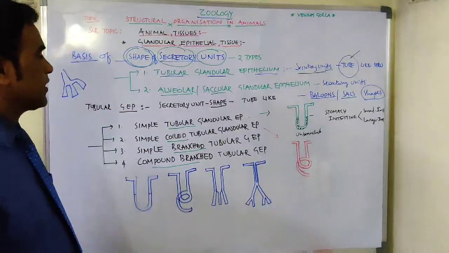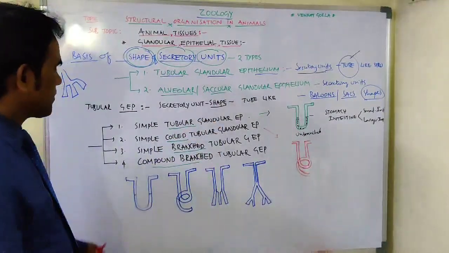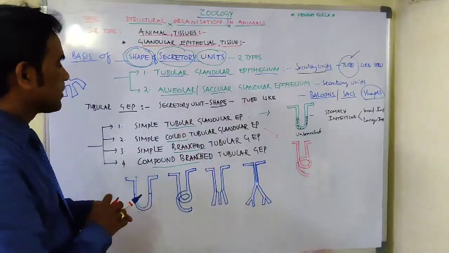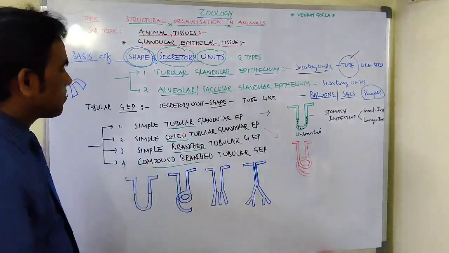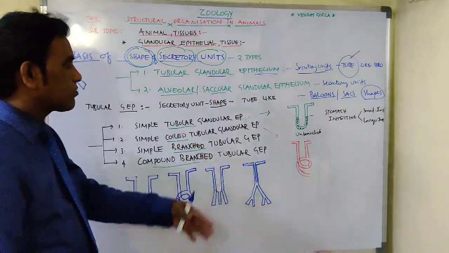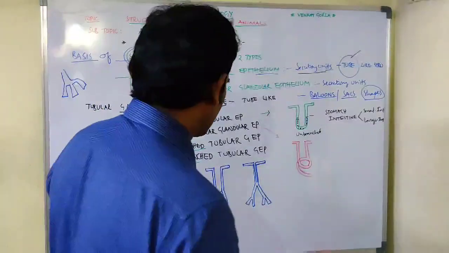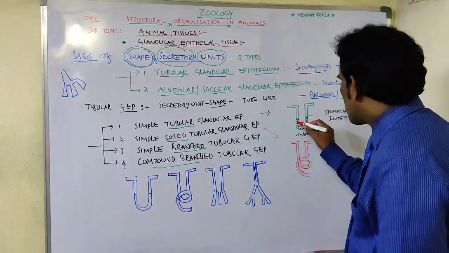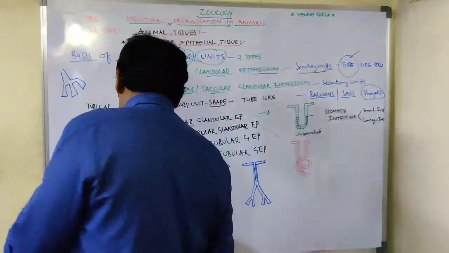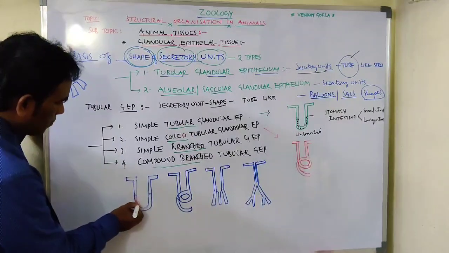So the tubular glandular epithelium is further divided into four types: simple tubular, simple coiled, simple branched, and compound tubular epithelium. Now let's take for example the simple tubular, with a tube-like shape.